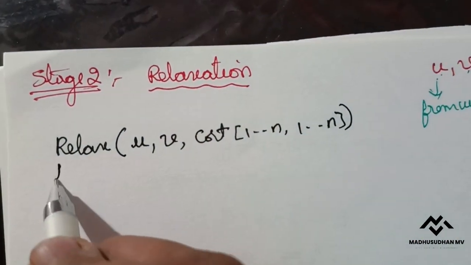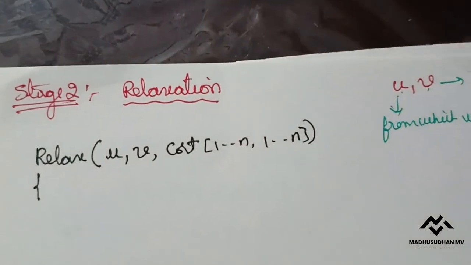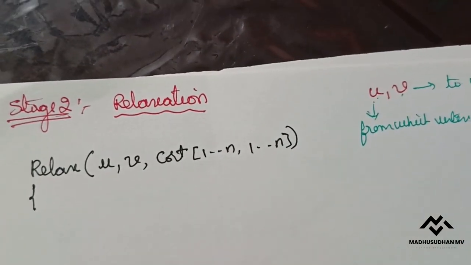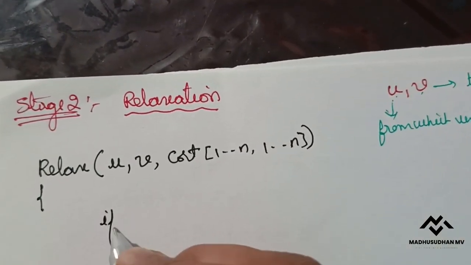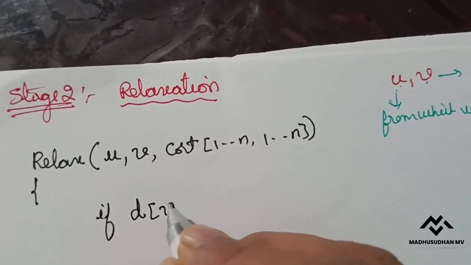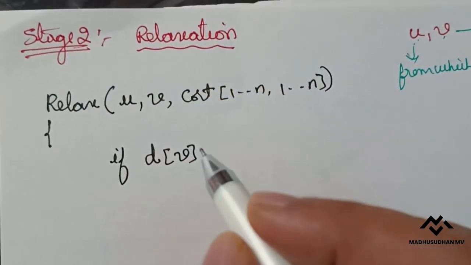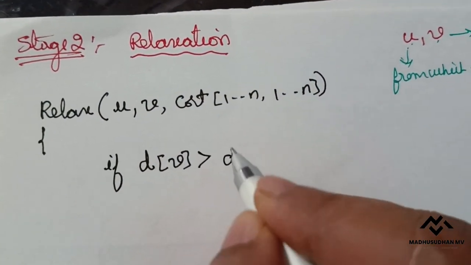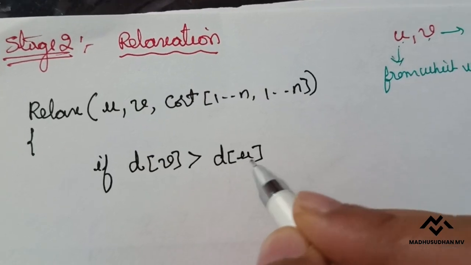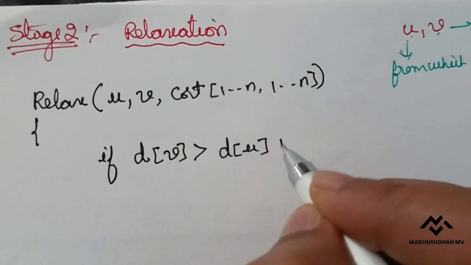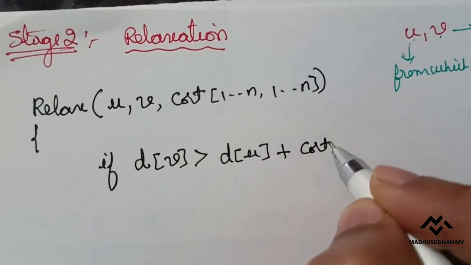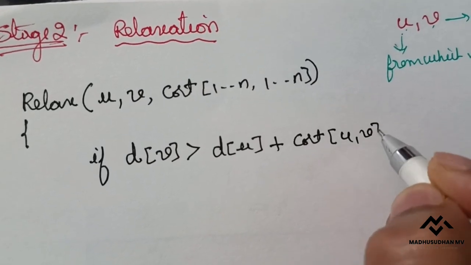These are the parameters to be passed. Okay. So now what I have to do? I simply check: if the distance of V, the vertex I want to find out, is greater than the distance of U, the vertex I'm coming from, plus the cost of U comma V.